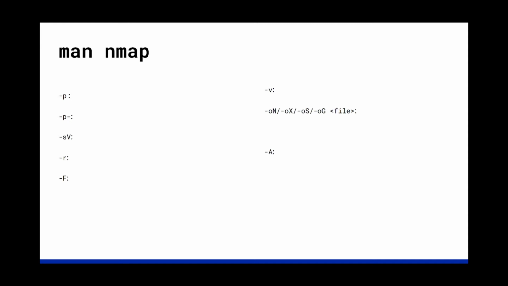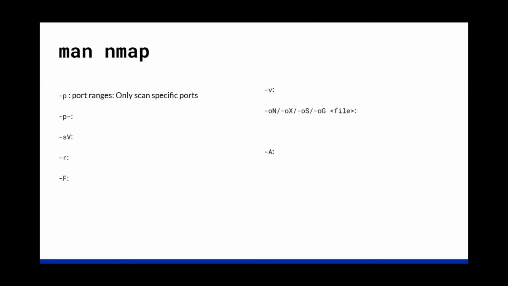I don't want you to be looking a lot at just text, so I'm just going to go over them. So -p, as you might have guessed, has something to do with ports.